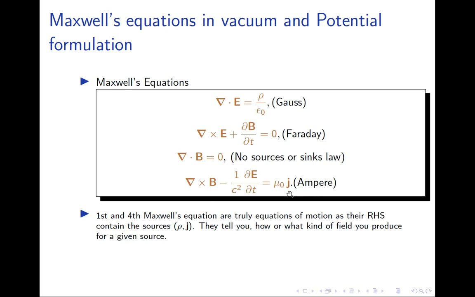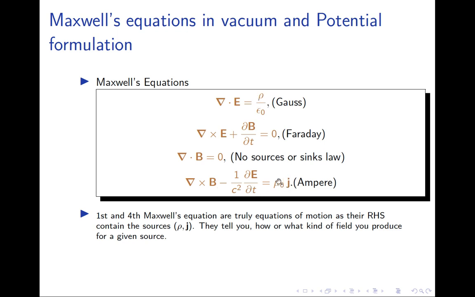Okay. So a closely related thing is to look at the first and the fourth Maxwell equations. One is the scalar equation and the other is the vector equation, of course. But the important thing is to look at the right-hand side of both equations. The right-hand side of both equations contains the sources. For example, the electric field is produced by charge density. The charge density is sitting here. And the magnetic field is produced by steady currents.